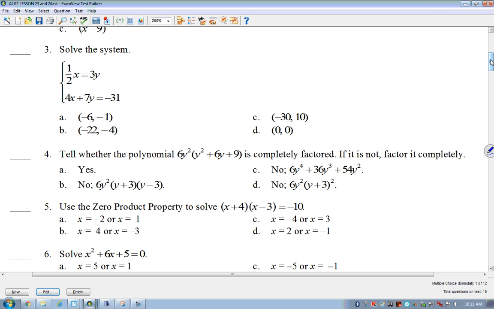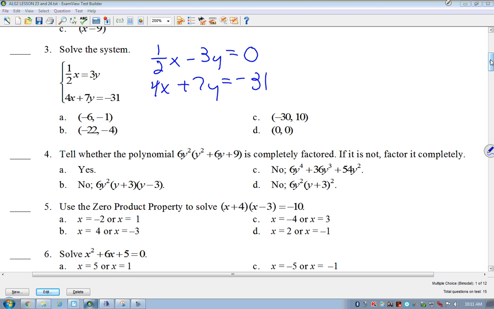So 1/2 x minus 3y equals 0 over 4x plus 7y equals negative 31. The next thing that I need to do is get either an x or a y value into a number that's going to be opposite of the other x or y value.